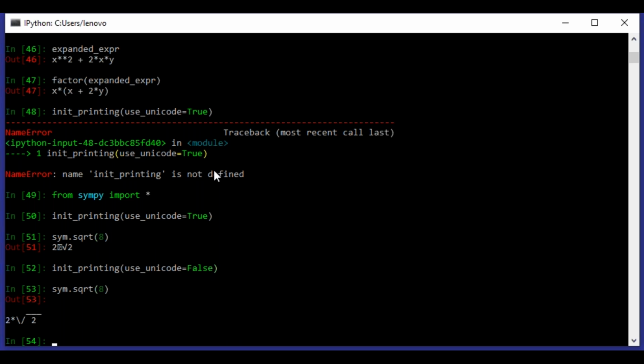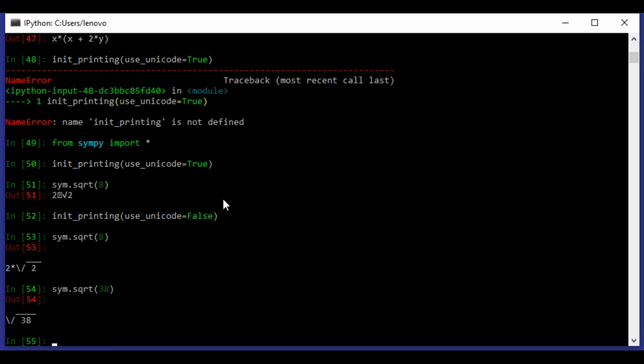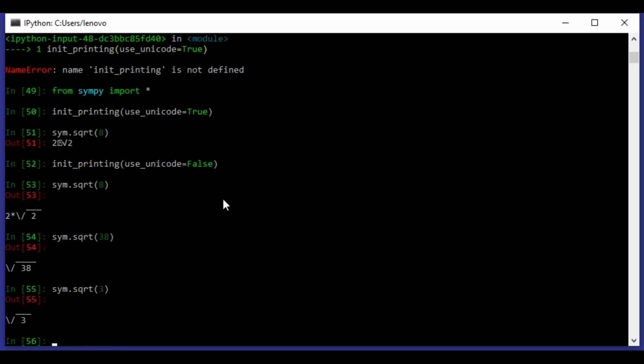You can see, for square root of 3, it is root 3.